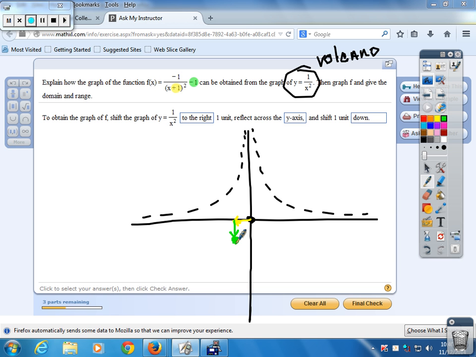So I take my handy dandy black marker and I change my origin. I'm making the origin dash.